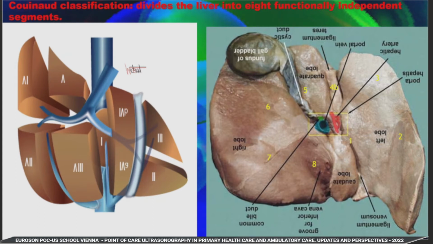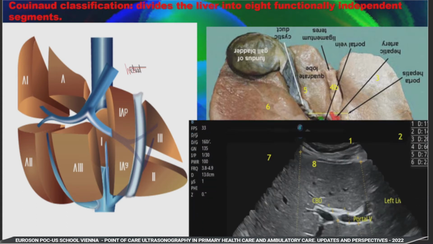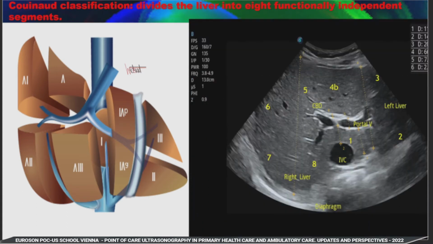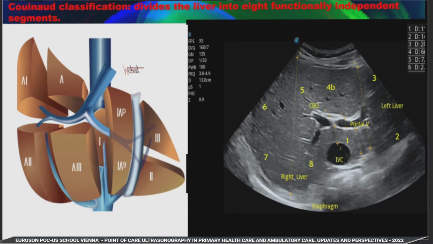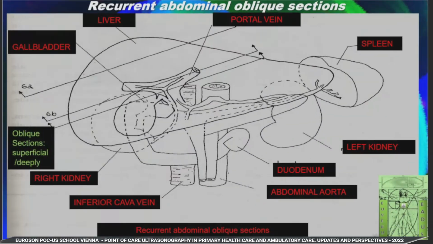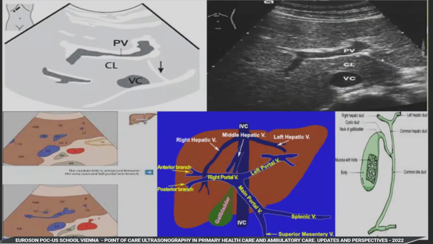You have the caudate lobe, the quadratus lobe, the left liver lobe, the right liver lobe, the gallbladder, and this is the ultrasound image with all these 8 segments of the liver, and you can put the diagnosis of the topographical liver pathology, focal liver pathology.